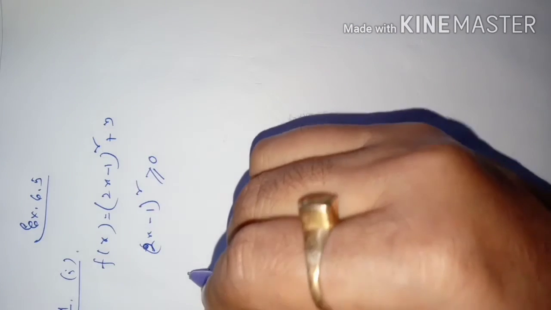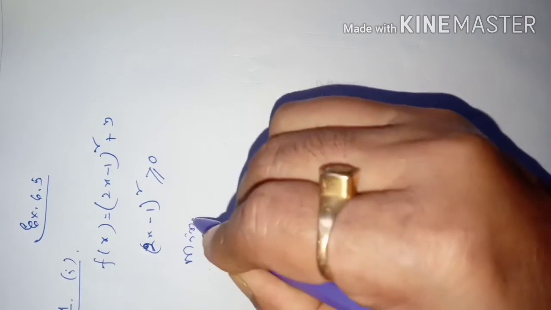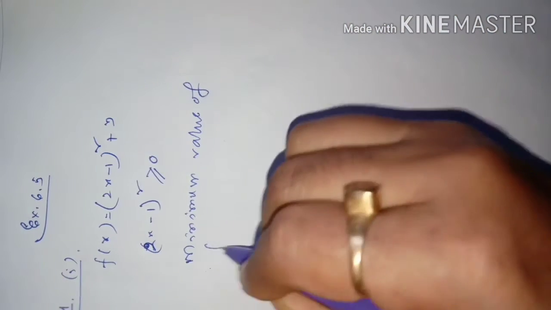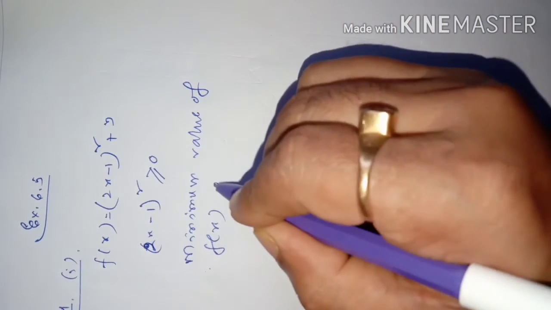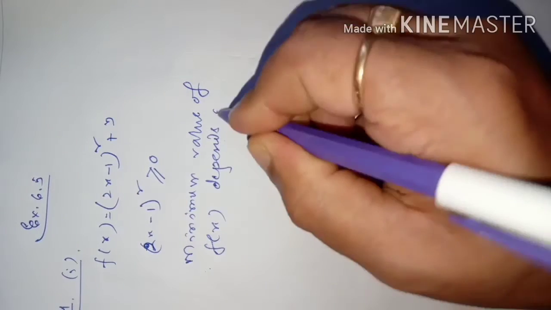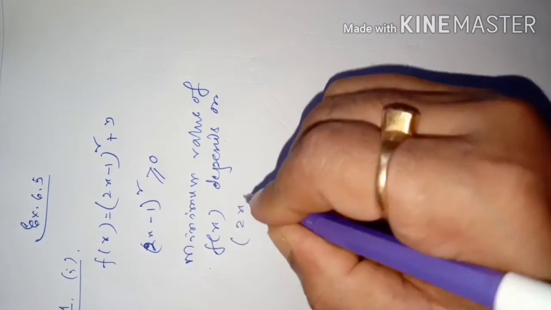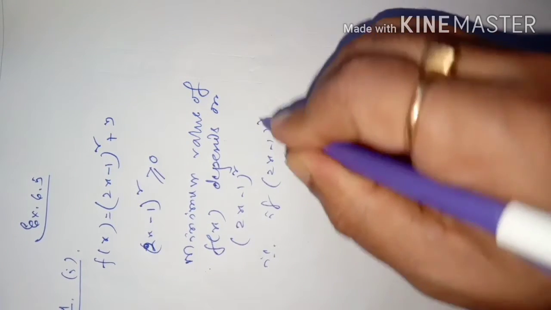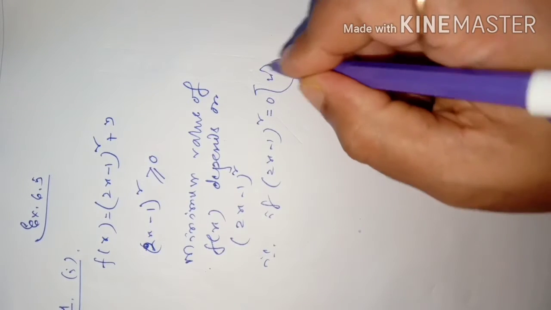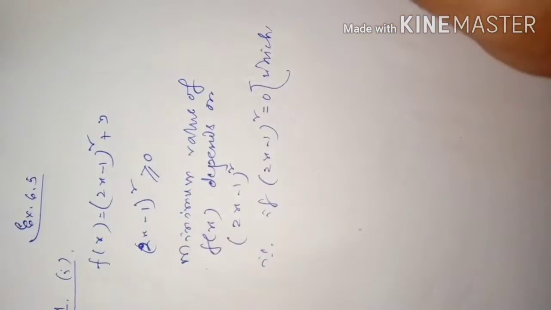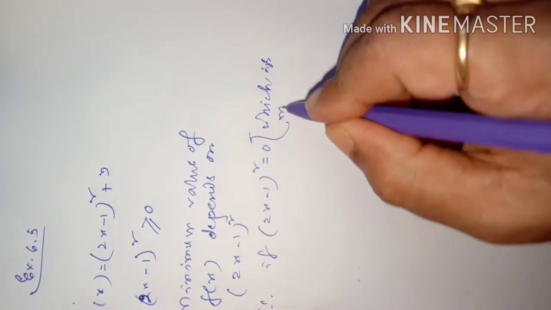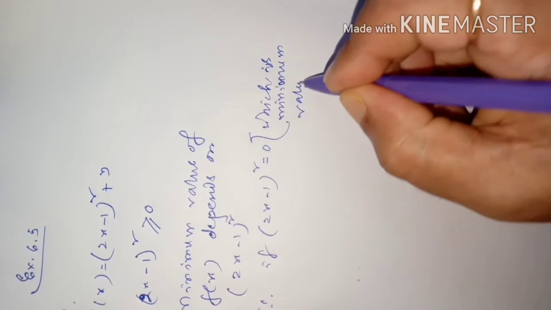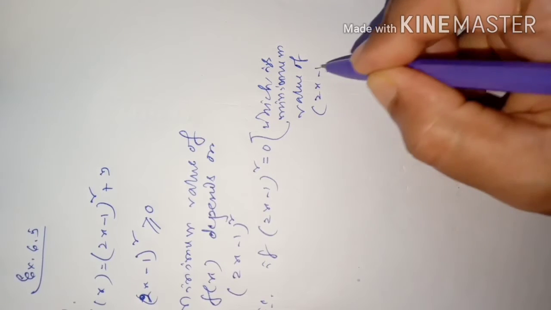So the minimum value of f(x) depends on 2(x - 1)^2. If 2(x - 1)^2 is equal to 0, that is the minimum value of 2(x - 1)^2.